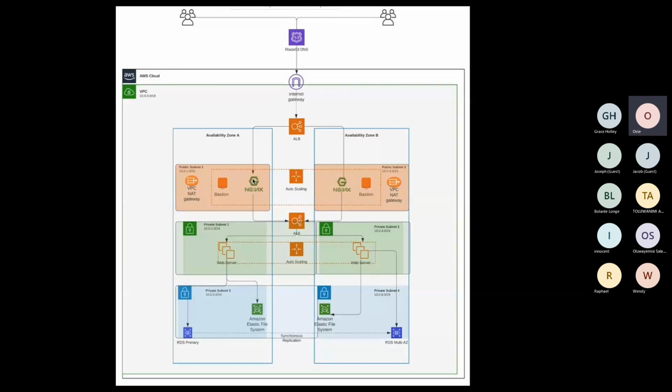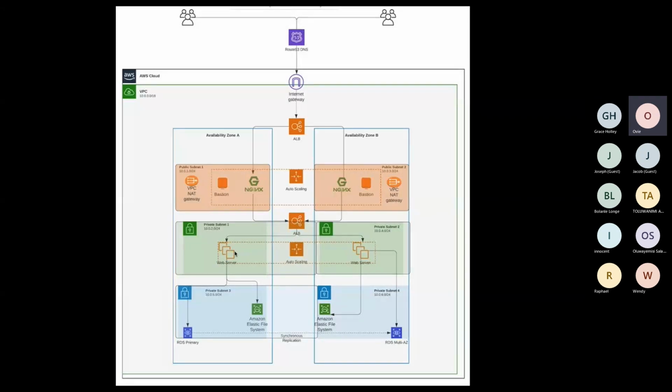When the application load balancer sends traffic to the Nginx, it sends the same traffic to the internal load balancer. There is another ALB there. This internal load balancer sends the traffic it receives to our application servers.